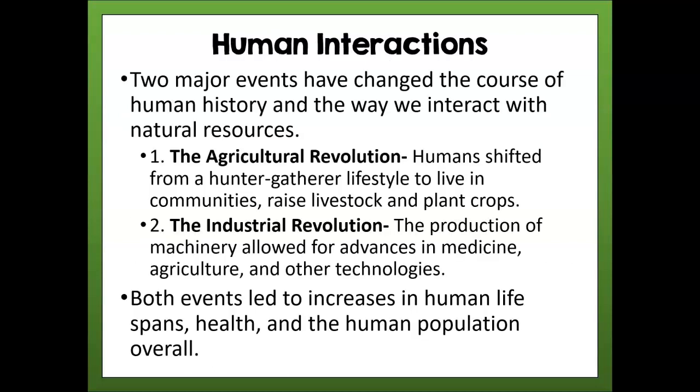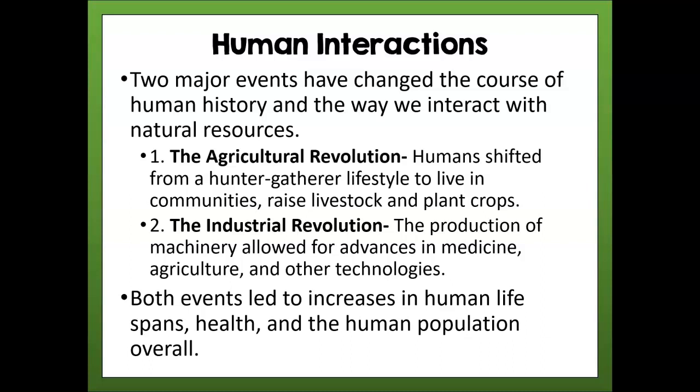All right, so there's two major events that have changed the course of human history. The agricultural revolution was one. We moved from a hunter-gatherer lifestyle to one where we actually change the land. We clear cut it, we raise livestock on it, we plant crops. That's the first one. The second one was the Industrial Revolution. That allowed machines to be made in order to advance medicine, agriculture.